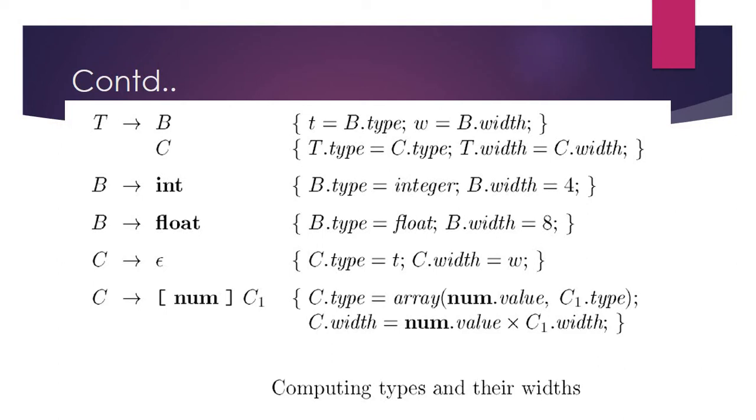Each and every element in this array int a of 10 is an integer. If each integer is 4 bytes, we take 4 bytes into the dimension, which is 10 in int a of 10. So 10 into 4, 40 will be the width for storing our collection of elements. I hope the computing types and widths we have discussed in this slide are clear to you.